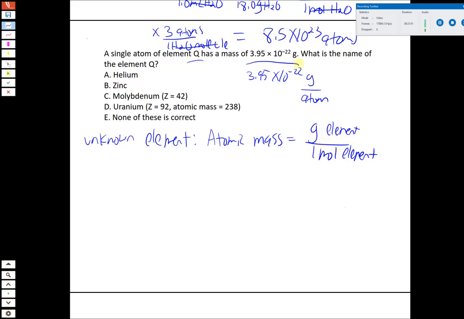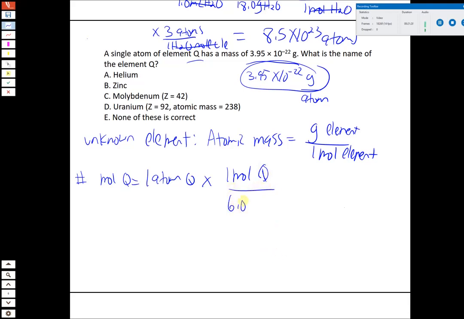So we have the grams, 3.95 times 10 to the minus 22nd grams in 1 atom. If we have 1 atom, then we can find the number of moles in 1 atom. So 1 mole of Q is going to have 6.02 times 10 to the 23rd atoms.